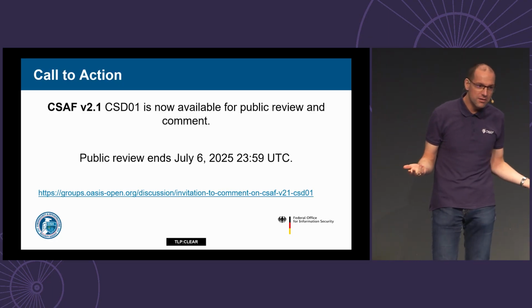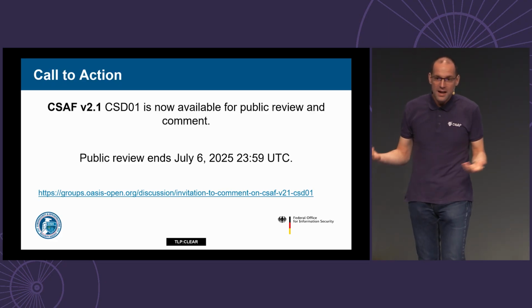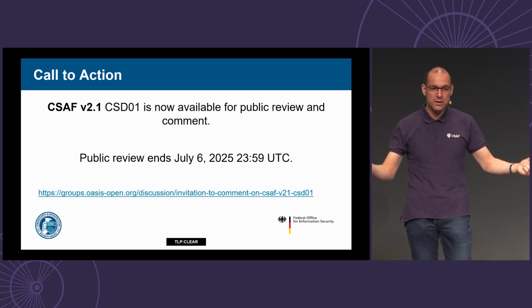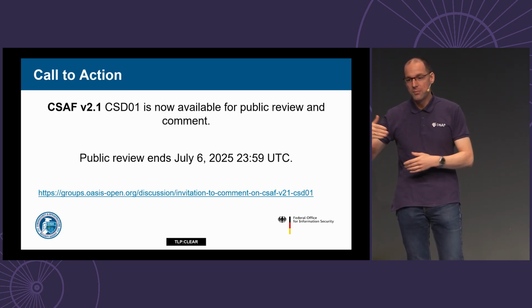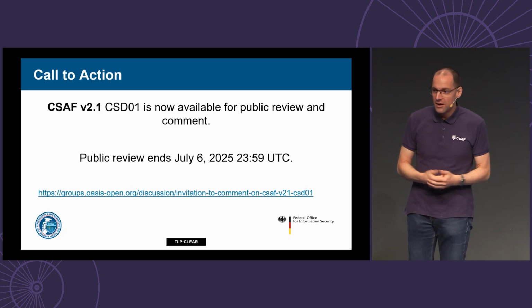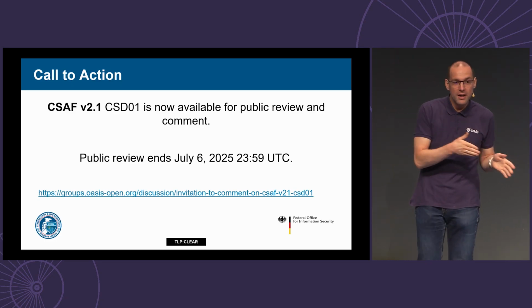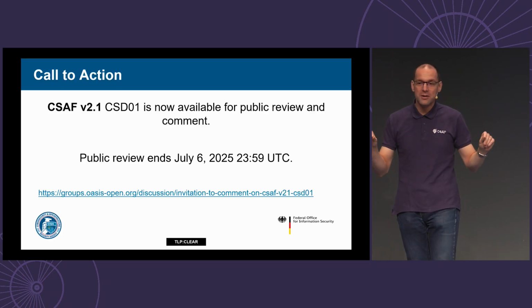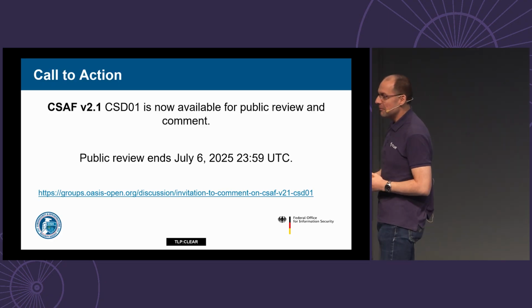So we're not at the third step yet, so it can't be a 3.0. But we're still in that stage where we have machine-readable advisories. We're still going forward, and so it's the second version, since people in computer science start counting from 0. It's the second standard in stage 2. And so this is why it's 2.1 and not 3.0.